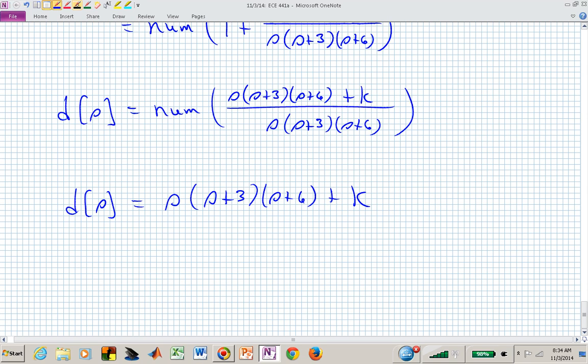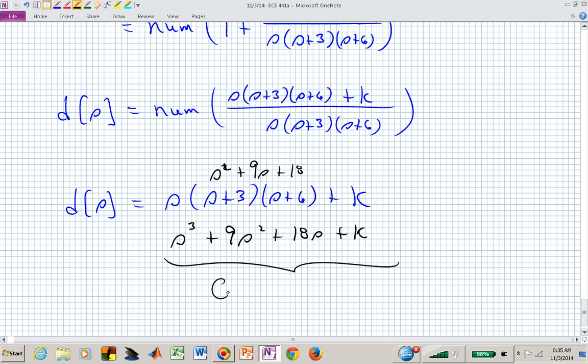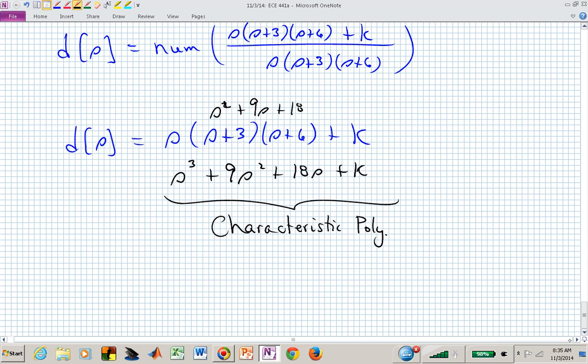This is s squared plus 9s plus 18, or this now says we have s cubed plus 9s squared plus 18s plus k, and that's the characteristic polynomial, which when I set it equal to 0 will give me my closed loop poles.